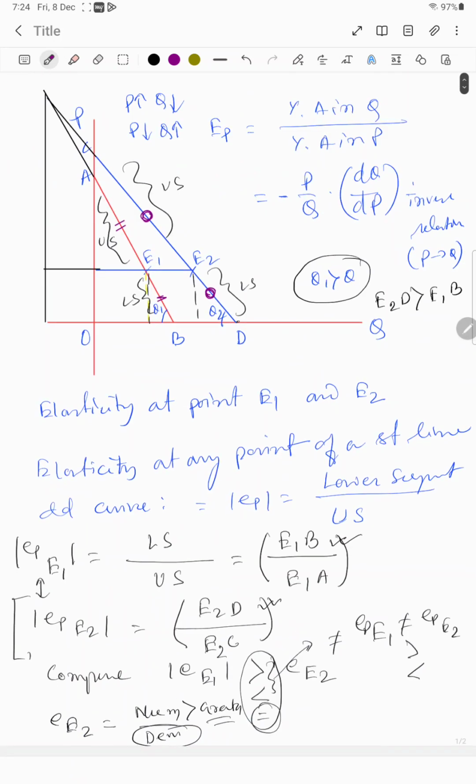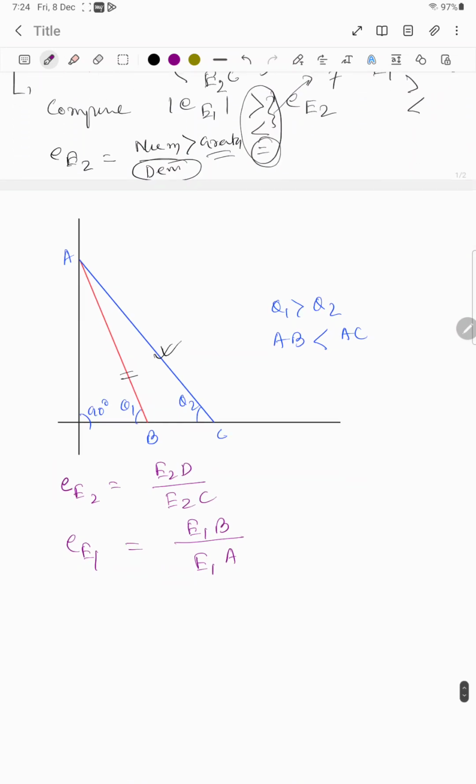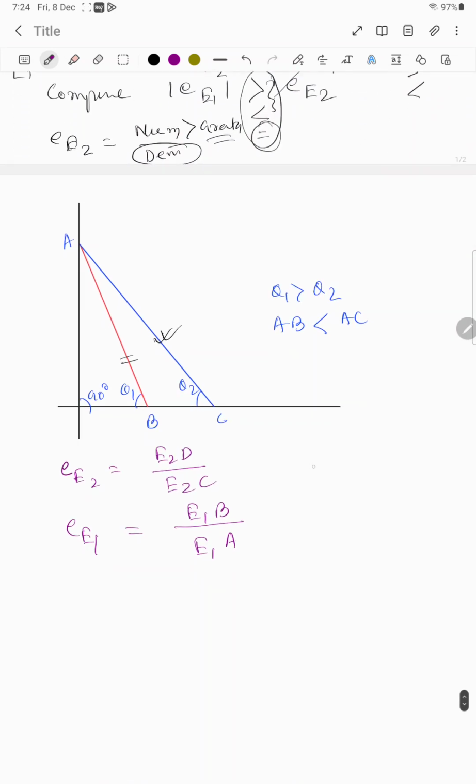According to the figure, this is A, this is C. Here we find that E2D is greater than E1B. In the same way, E2C is greater than E1A. So both are greater.